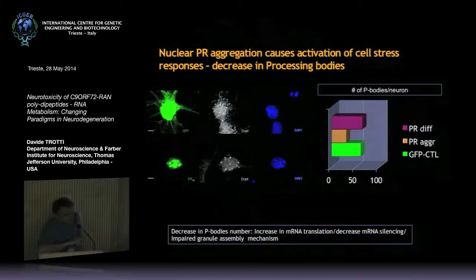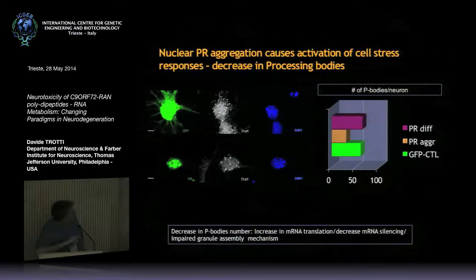Another interesting thing that we noticed is that this PR aggregation causes activation of several stress responses, including a decrease in the P-bodies. This is quite remarkable. This is a control situation. You can see the number of cytosolic processing bodies is normal. These are detected with a DCP1 antibody. But these are PR50. You can see that the number is slightly different, but also the size.